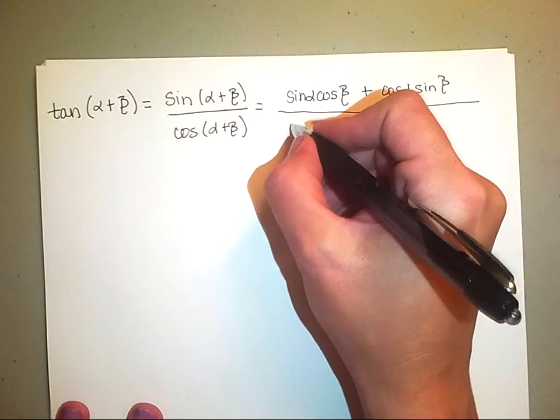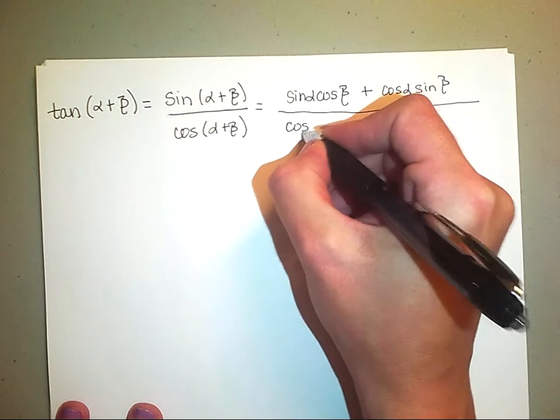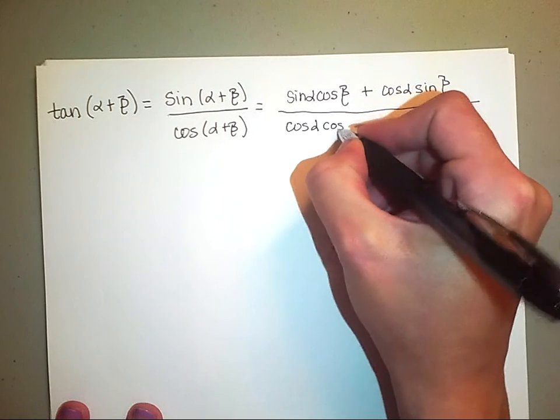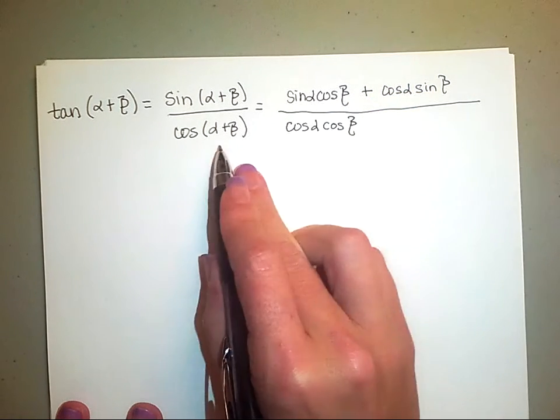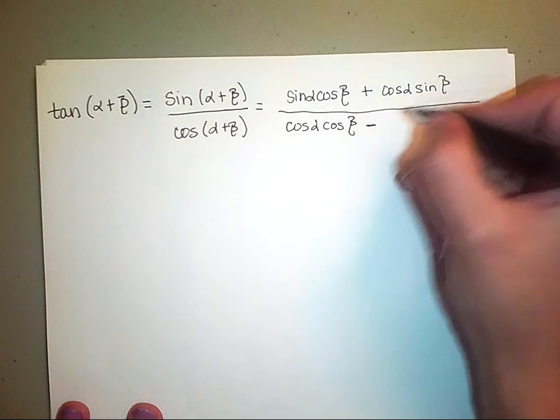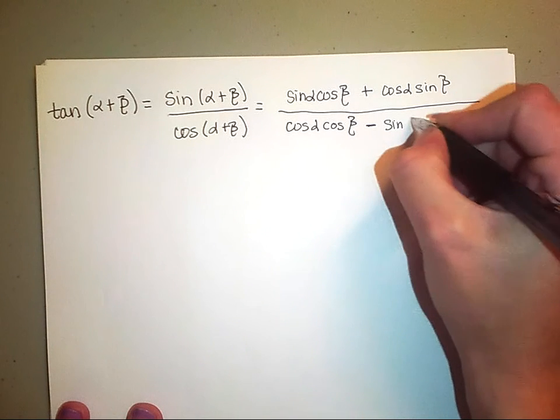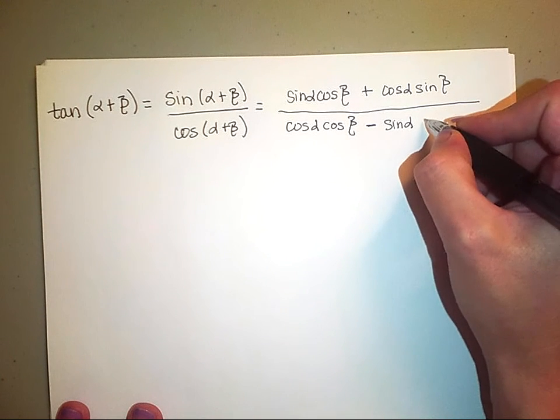Now we need to expand the cosine of alpha plus beta. So that will be the cosine of the first, always the cosine of the second, and then the cosine, so I need the opposite sign, and then the cofunctions.